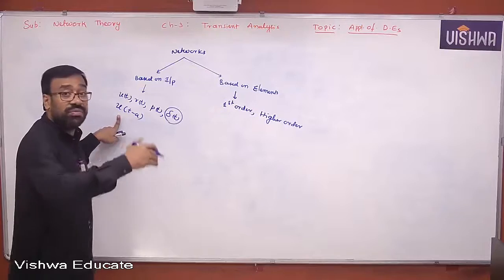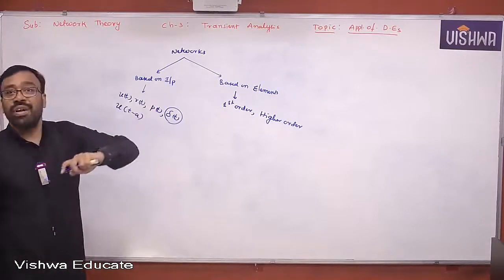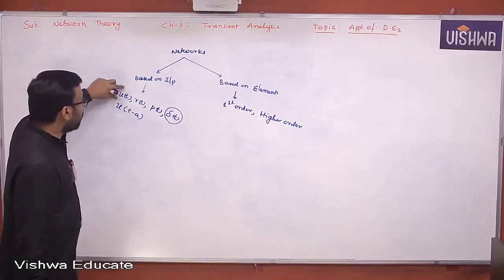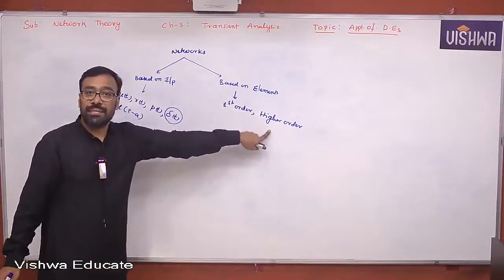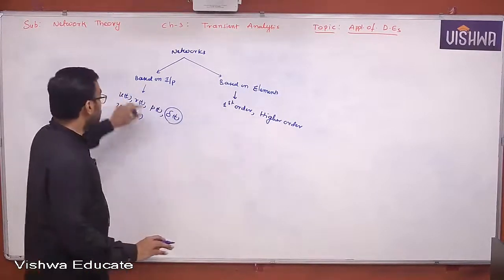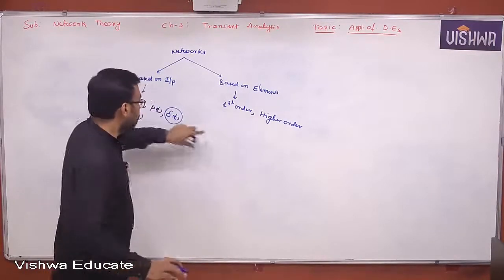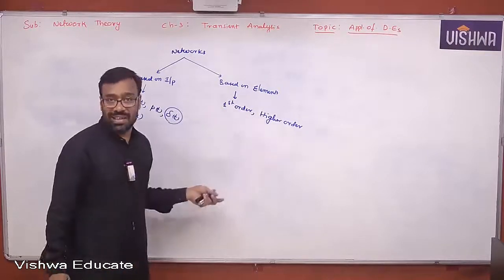Therefore, the networks can be taken in different combinations: step input first order, step input higher order; similarly, ramp input first order, ramp input higher order; parabolic input first order, parabolic input higher order. Like this.